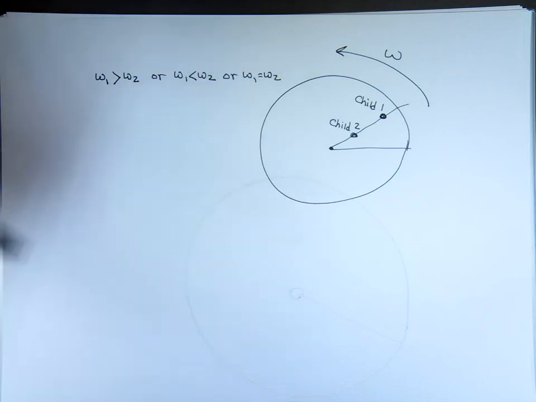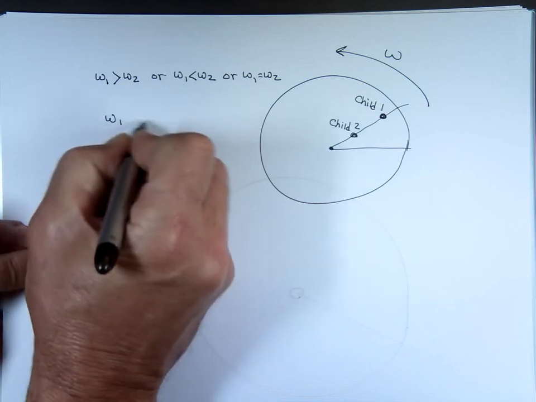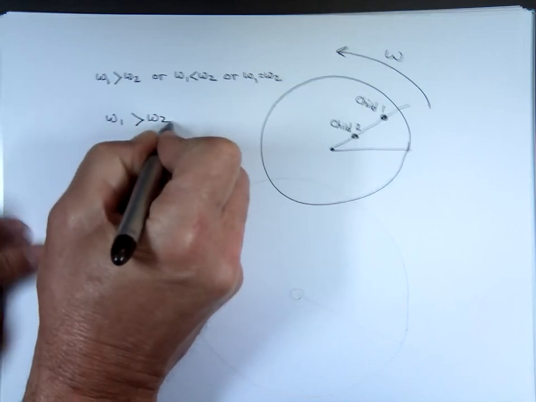What do you think? It's greater since we just learned it. Yep, very good. Child 1, W1 has to be greater than W2. That's the question. This is the answer.